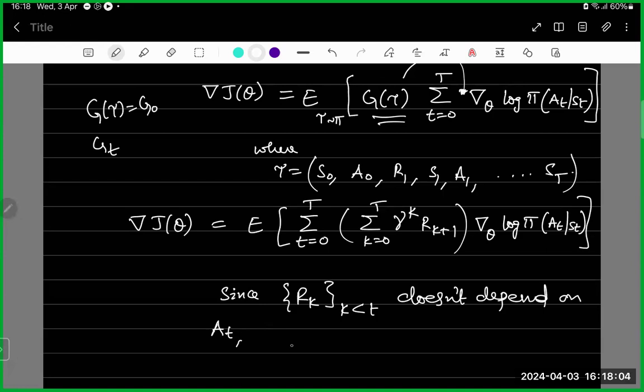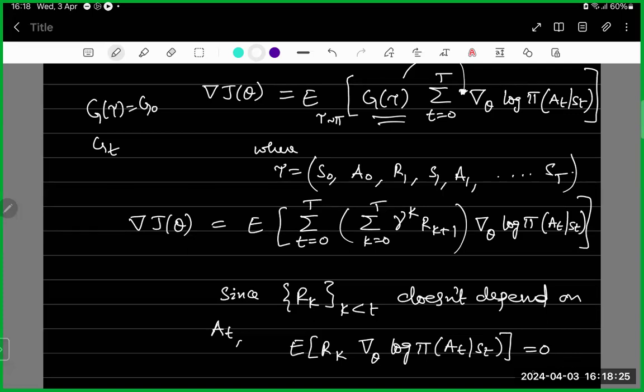I have just shown you this: you can use any B, and whatever B you use, if it doesn't depend on AT, then this is true for all k less than t.